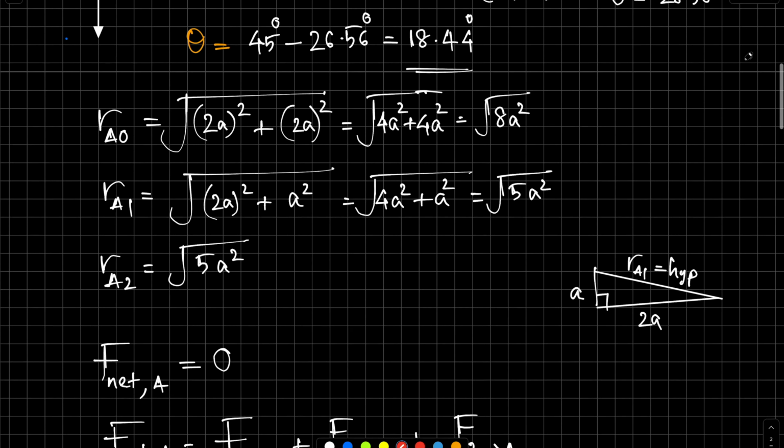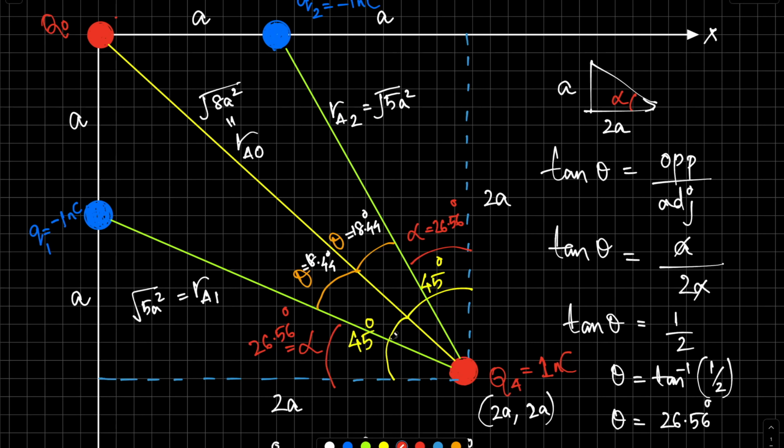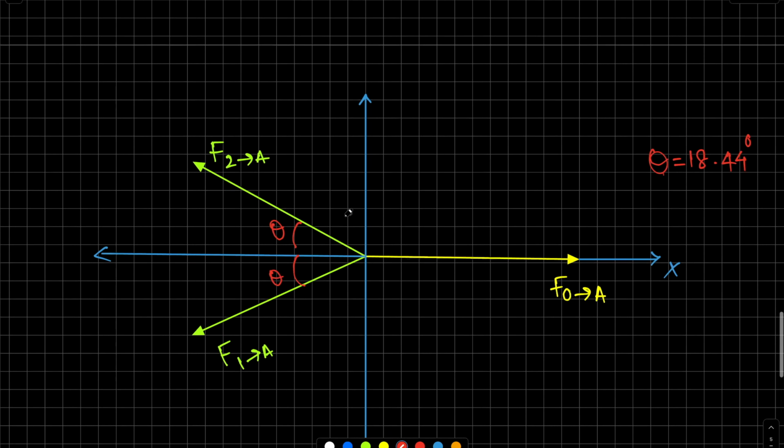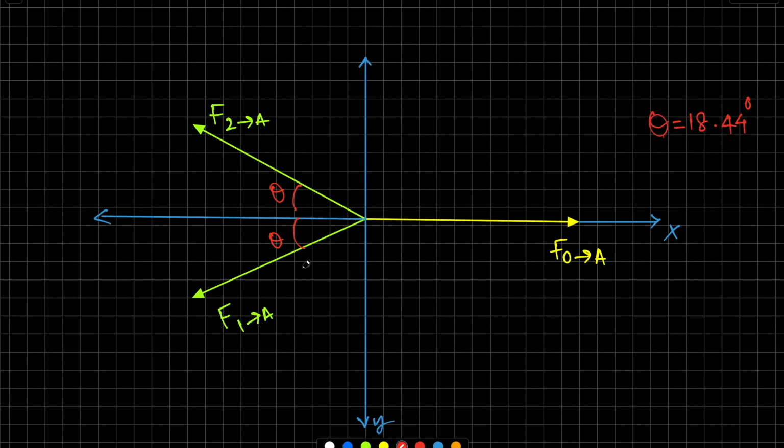Let's go back to this picture. This is the direction of F1 to A and this is the direction of F2 to A. So this angle is 18.44 degrees, and this angle is also 18.44 degrees. So it's the same angle, theta, 18.44 degrees.